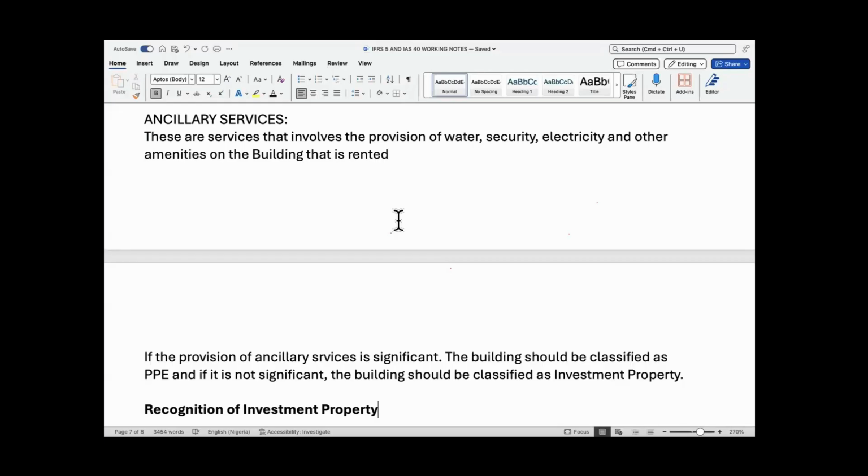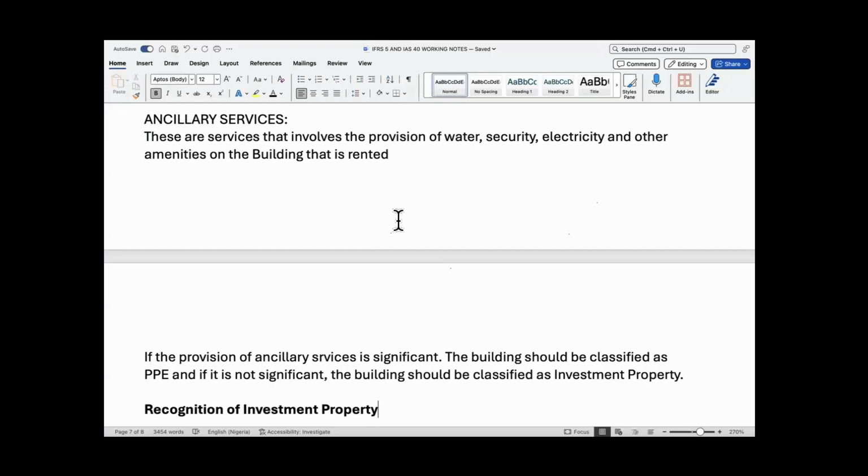However, if some service charges are so significant that in that house you do little or nothing, because the owner provides lights, water, security, all the amenities, and they have an admin building, that one is not investment property to that landlord. That one is PPE. Like one company I worked with, they were in 1004. They have an admin office there.